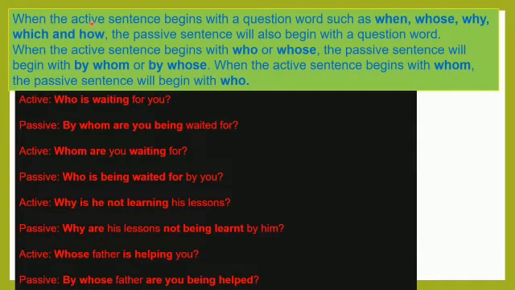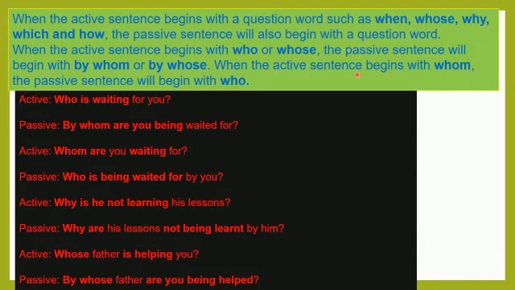But when the active sentence begins with a question word such as when, whose, why, which, and how, the passive sentence will also begin with a question word, okay? But when the active sentence begins with who or whose, the passive sentences will begin with by whom and by whose.